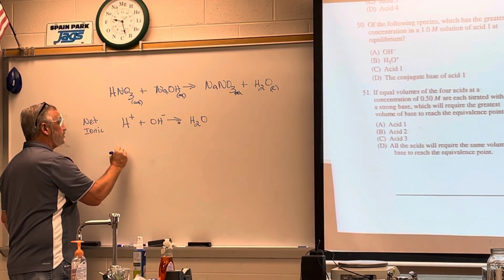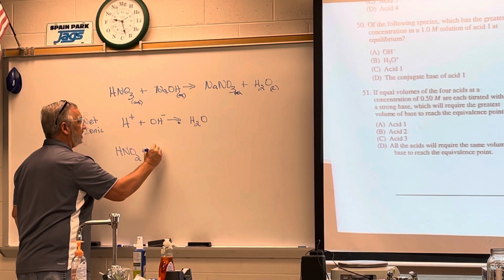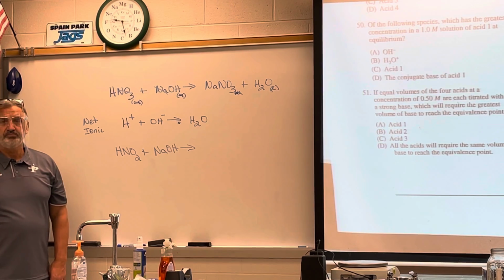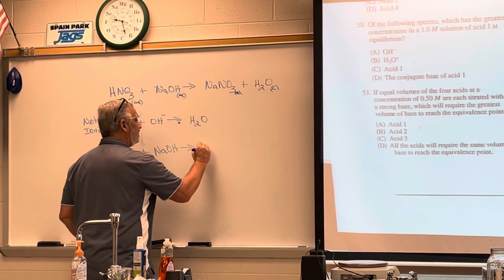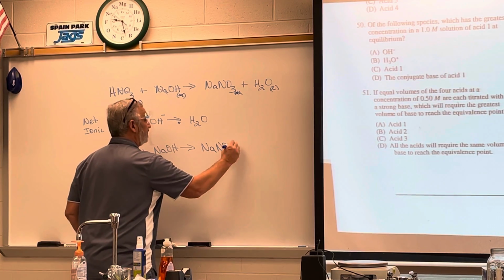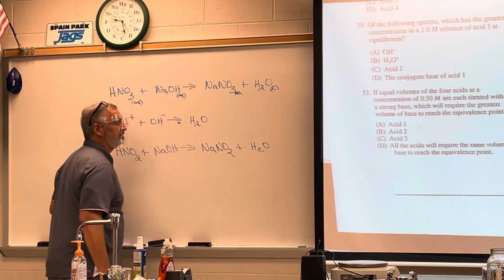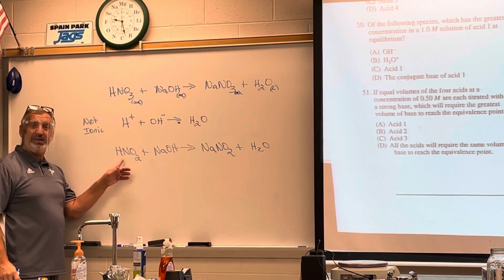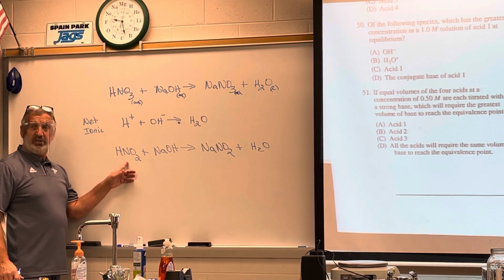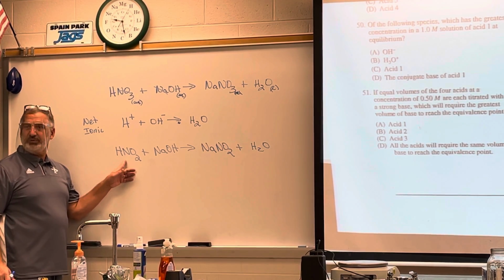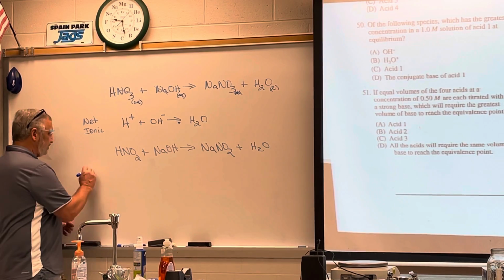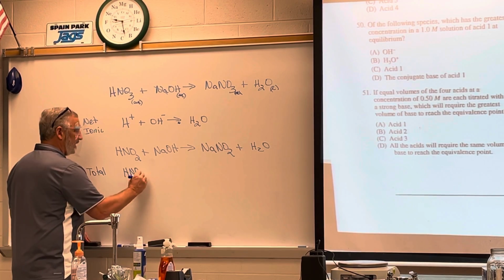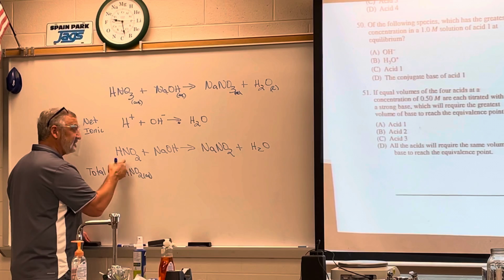But what if it's HNO2 plus NaOH? What's that going to make? NaNO2 plus H2O. But what type of acid is this one? Weak. Do weak acids ionize to a large amount? No. So weak acids stay together when we're writing the ionic equation. So I'll do a total and a net on this one. The total is going to be HNO2 aqueous staying together because it's a weak acid.